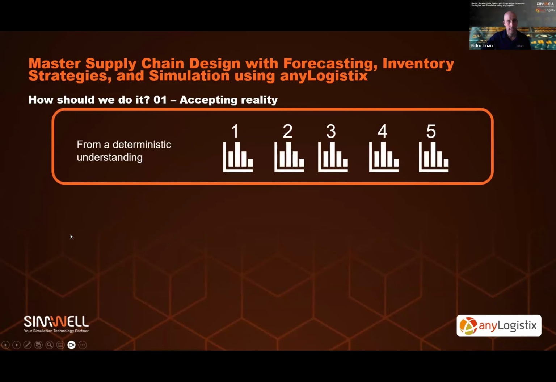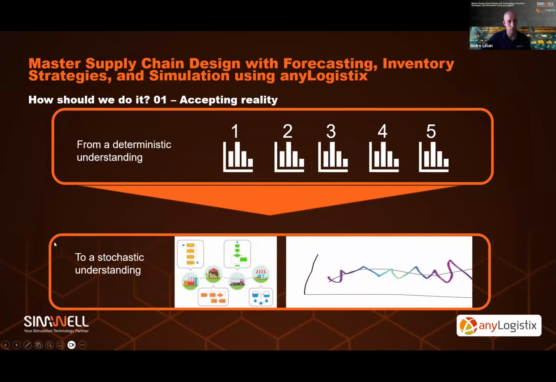The first one is accepting reality. In many cases we have a deterministic understanding of our supply chain, in which we just consider point estimates, and we propose that we should move into a stochastic understanding, considering multiple processes in our supply chain and understanding the variability of those processes.